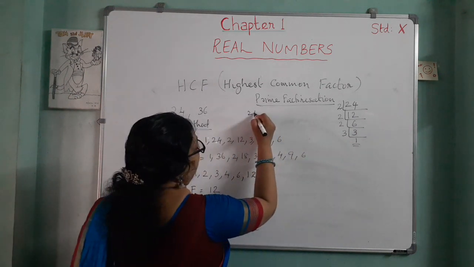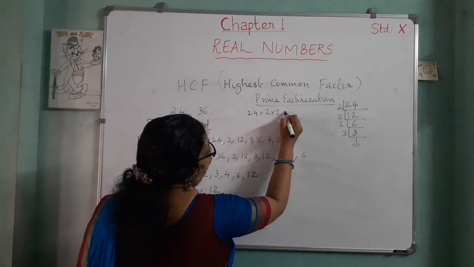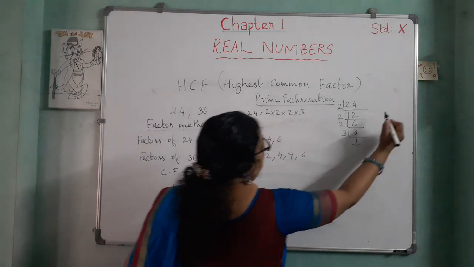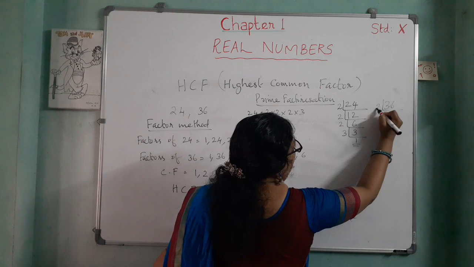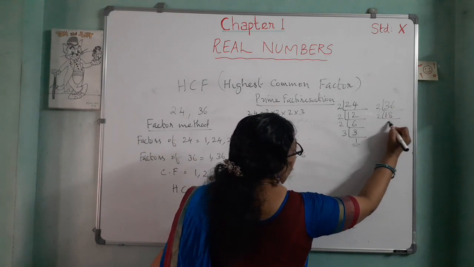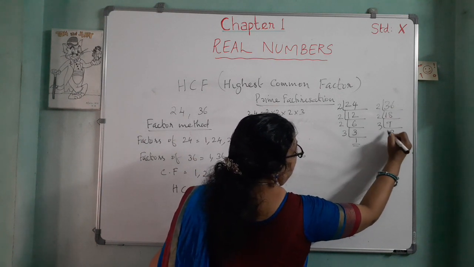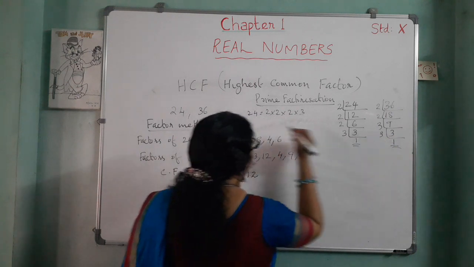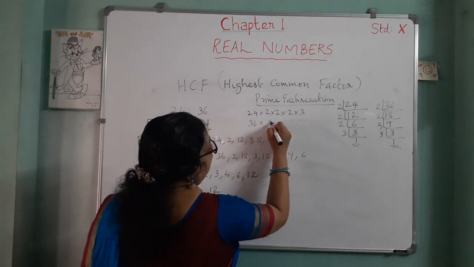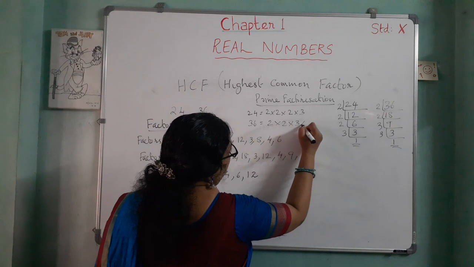And 24 we can write as 2 into 2 into 2 into 3. The same way 36: 2, 18, 2, 9, then 3, 3, 3, 1. So 36 we can write as 2 into 2 into 3 into 3.